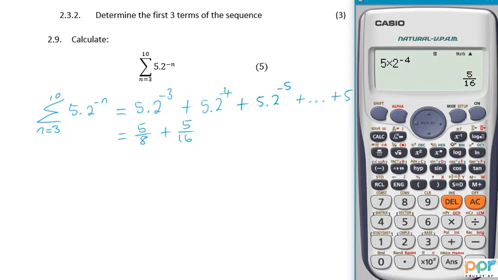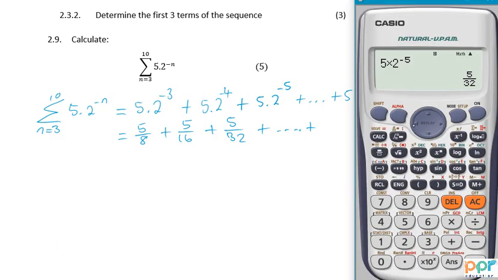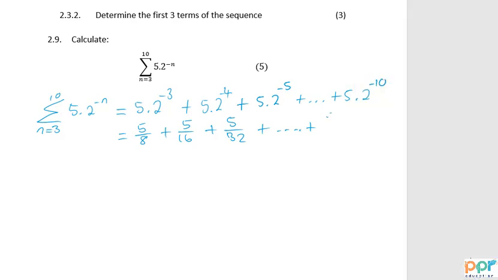And the next one, 5 times 2 to the power minus 5, 5 over 32, plus up to plus 5 times 2 to the power negative 10, which is 5 over 1024. So I've got 5 over 1024.